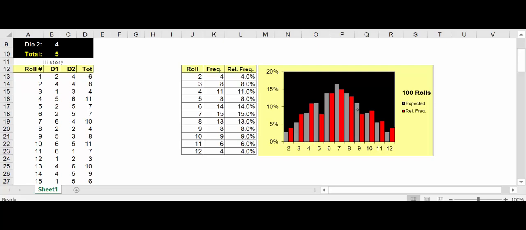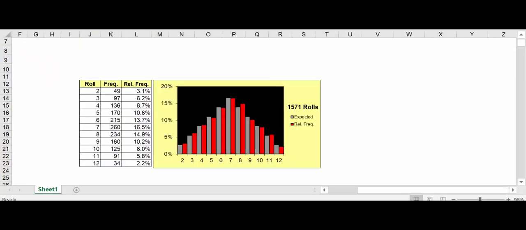Let's see what happens if we have a lot more rolls. All right, here I have 1,571 rolls of the dice, and you can see that things are looking a lot better now. The real frequencies are quite close to the expected frequencies. If I did 10,000 rolls, it would be even better.